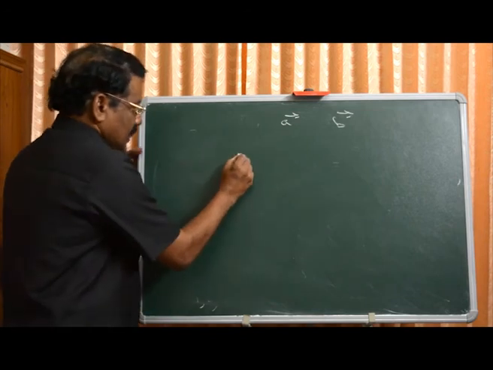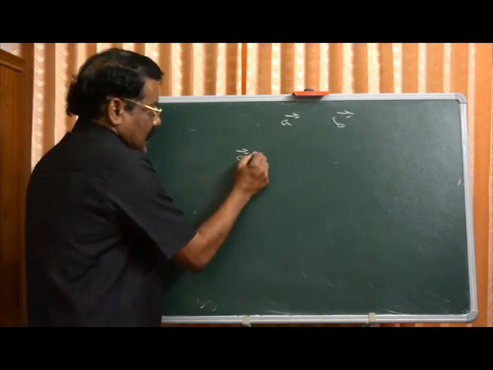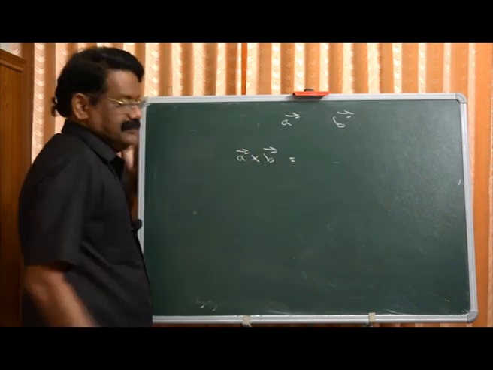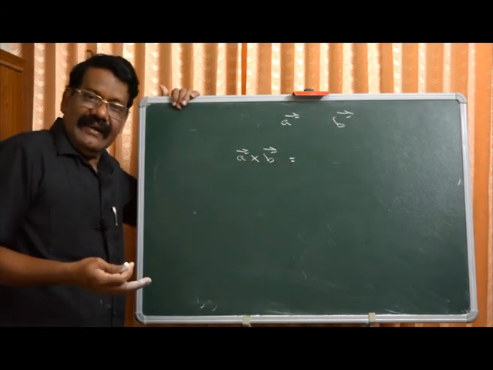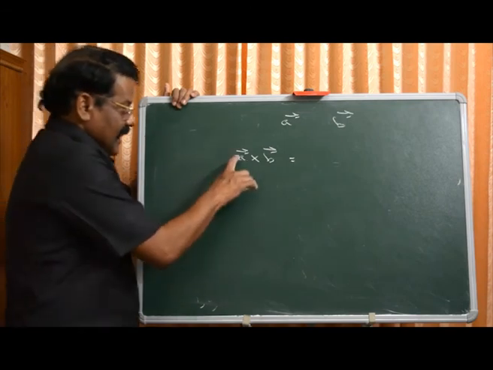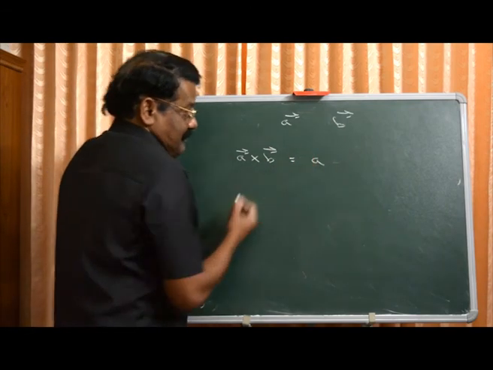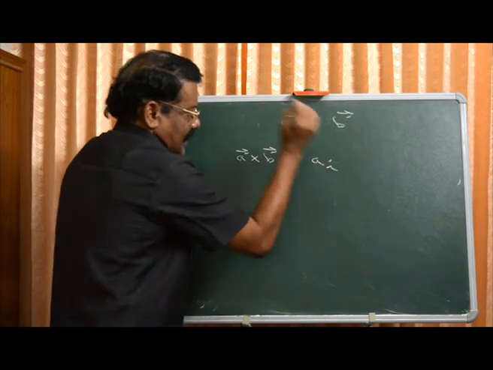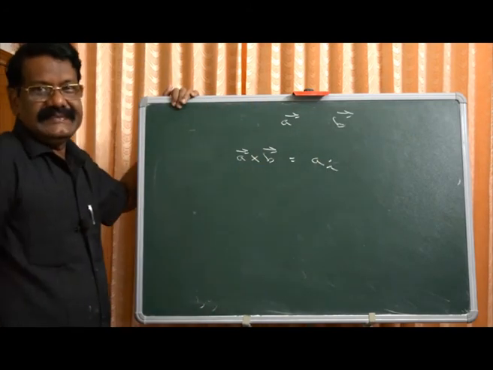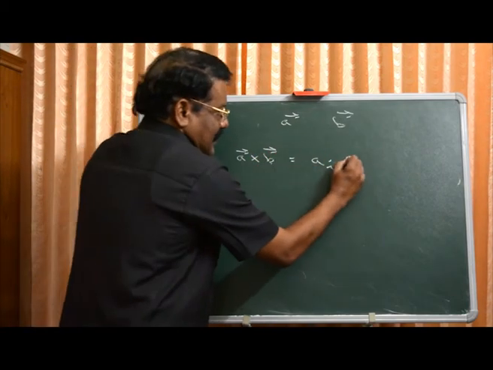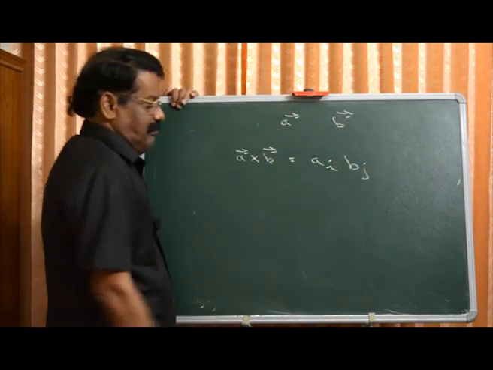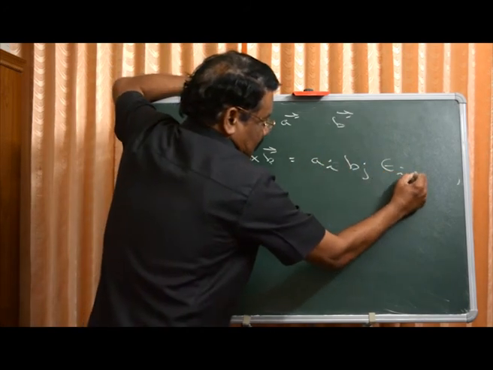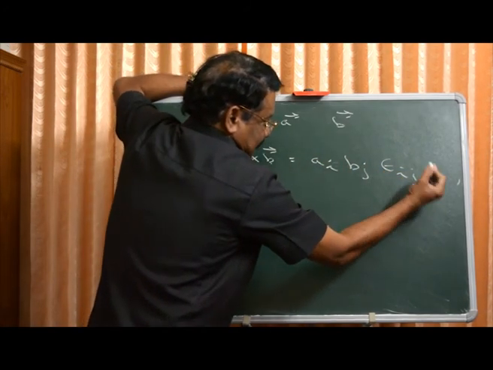That is, A cross B. Automatically the Levi-Civita symbol will come into play. A can be written as some Ai. Instead of B I can write Bj. Instead of cross I can write epsilon ijk.